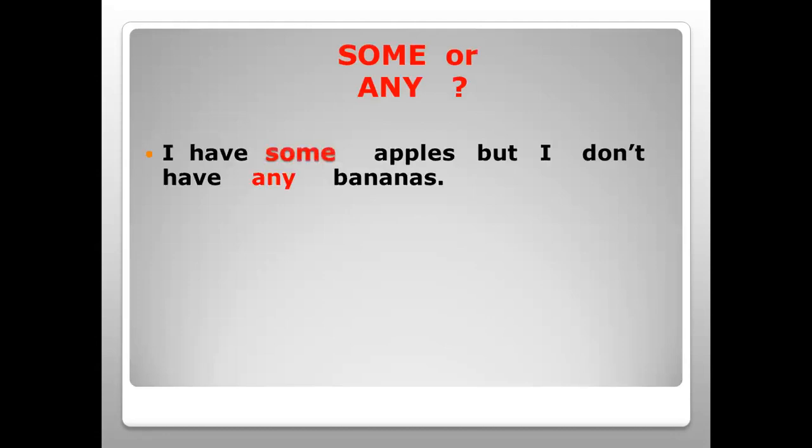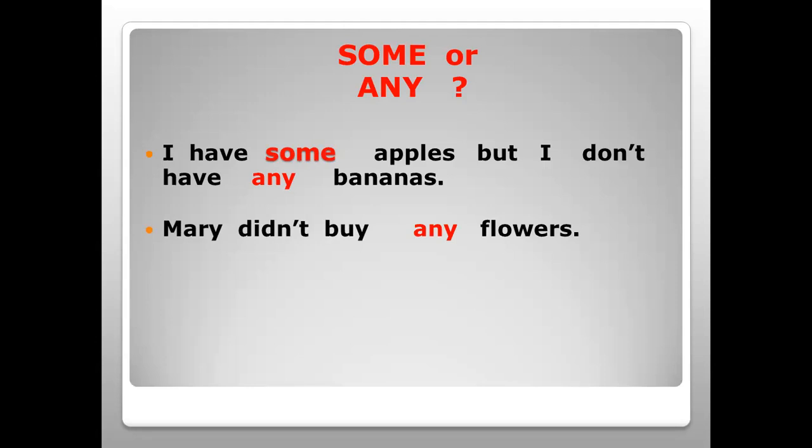You will choose some or any. I have some apples, but I don't have any. I have, it's a positive sentence, so we will choose some. But I don't have, it's a negative sentence, so we will choose any. Mary didn't buy any flowers.